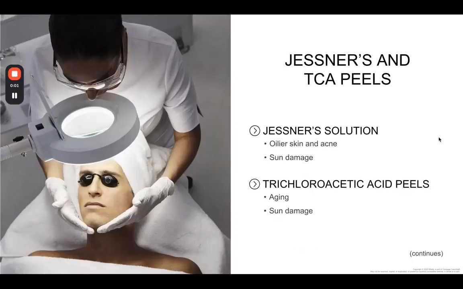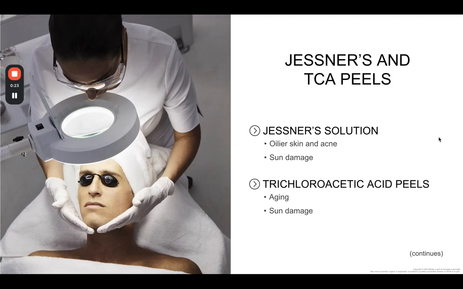Okay, guys, so we have made our way to page 652 in the Milady Standard Esthetics textbook. So now we are discussing what a Jessner's peel and what a TCA peel are. All right, so what is a Jessner's solution?